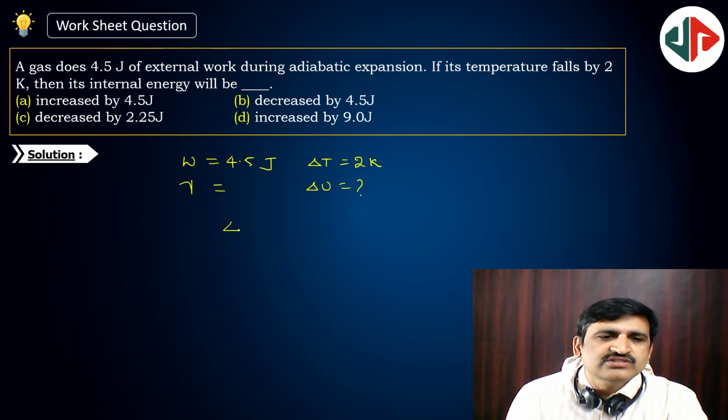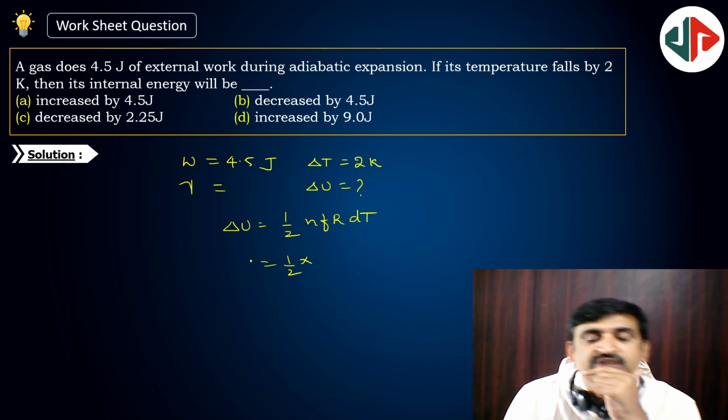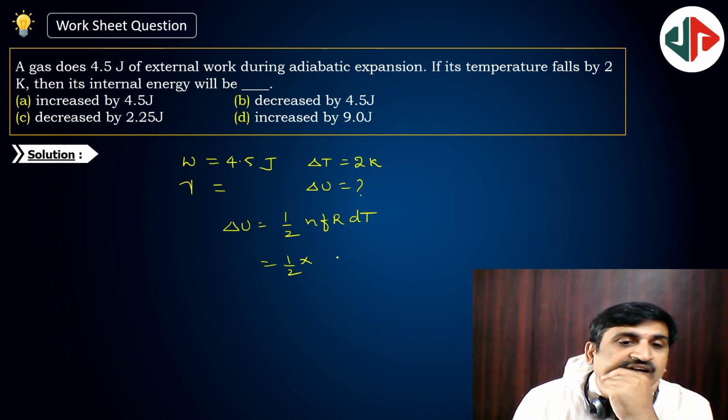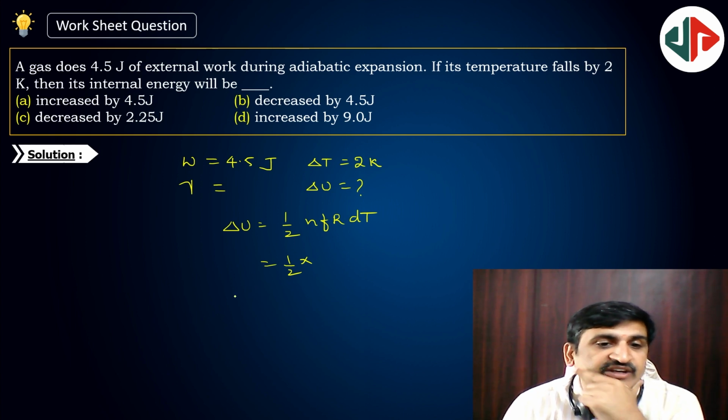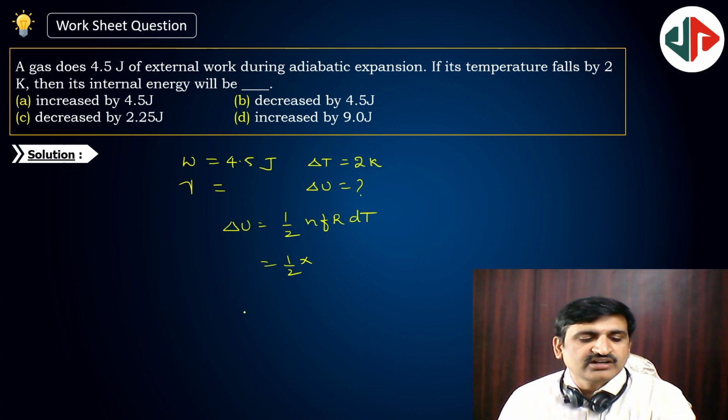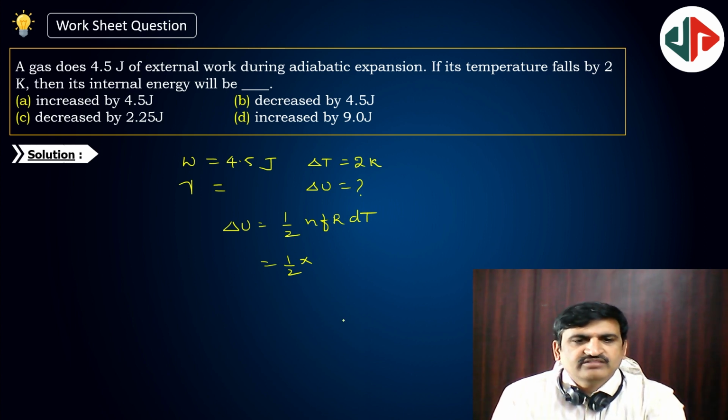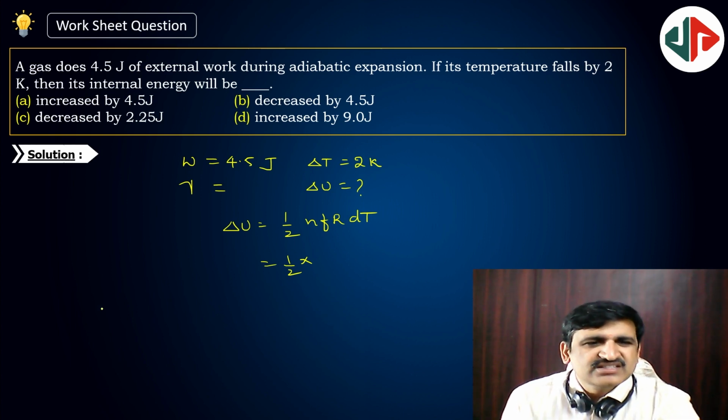So change in internal energy is equal to half nFR dT, right? So half n value, number of moles, work done is given. From that you have to bring it up, or you can go for heat supplied. Why am I doing this much for a small question?